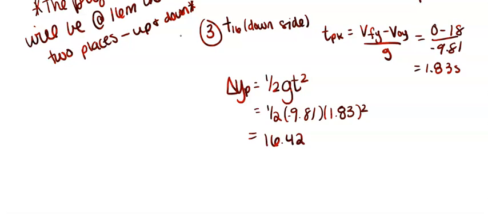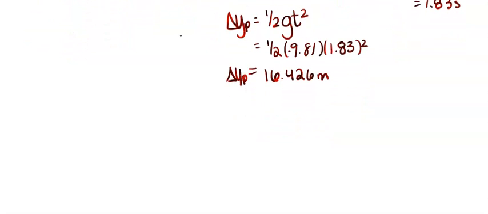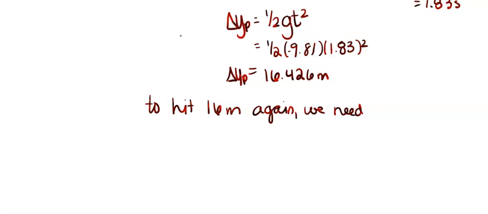And when we do all the work, we end up getting 16.42. So that means our projectile is going to have to fall from 16.426 down to 16. So it's going to have to experience a delta y of 0.426 meters.